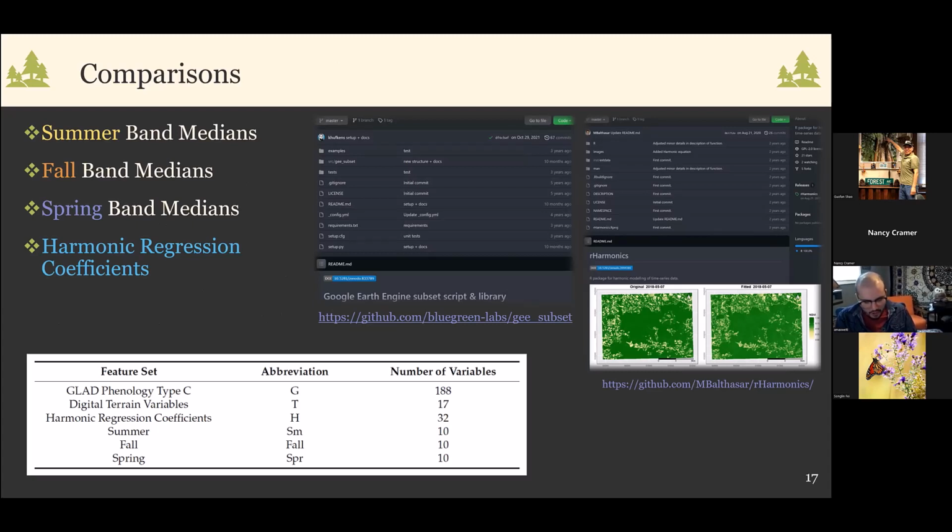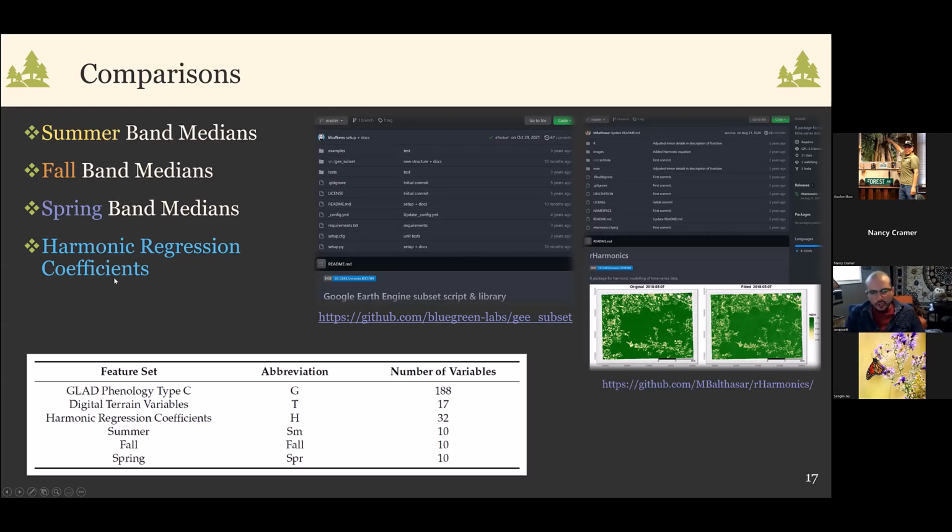The way we got those was we extracted all the Landsat data at those locations using Google Earth Engine and this Python library called GEE subset. And then we filtered out the ones that were cloudy or had some type of quality flag issue, aggregated them by seasons, and then got the medians.